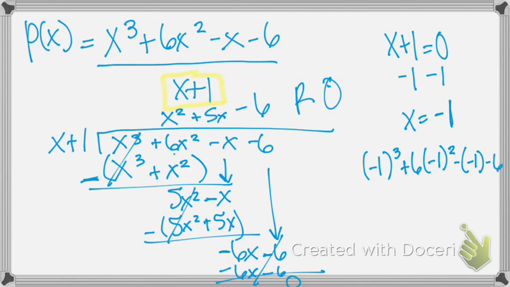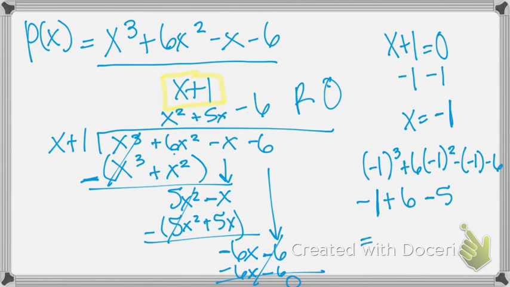All right. Did you see what I did? I plugged it in. So, a negative 1 cubed is a negative 1. 6 times negative 1 squared is a positive 6. And a negative 1 and a negative is positive 1 minus 6 is a negative 5.